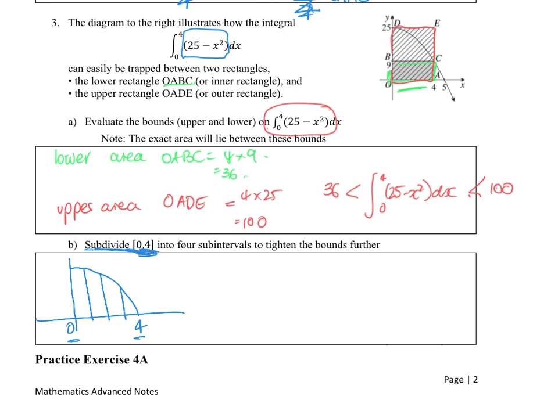So what they're saying is that we're going to find the area of that rectangle, then the area of that rectangle, and that rectangle. So we'll call those the upper rectangles, but the lower rectangles are going to be these ones.